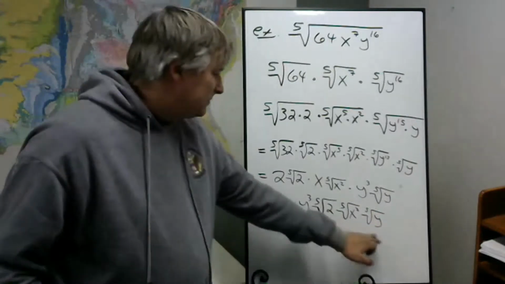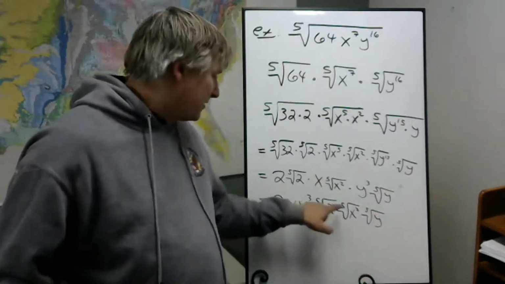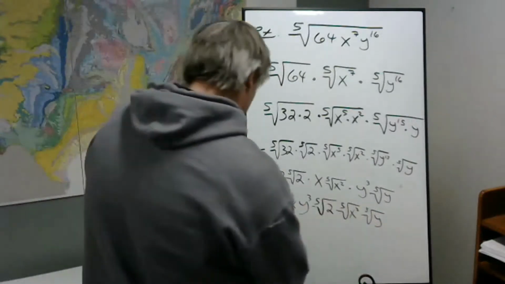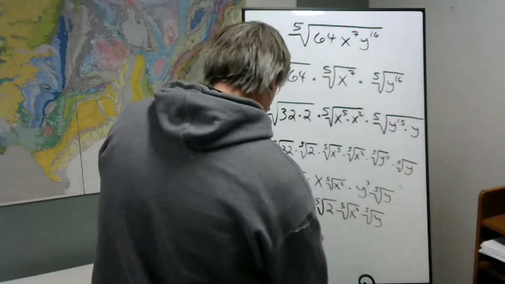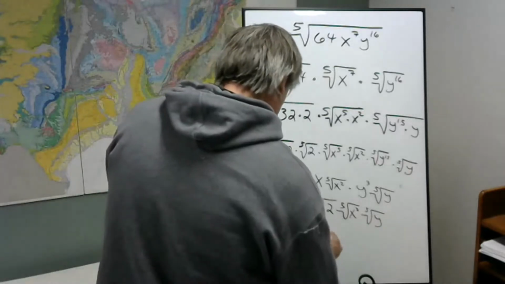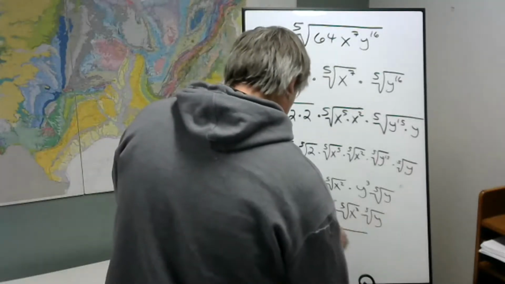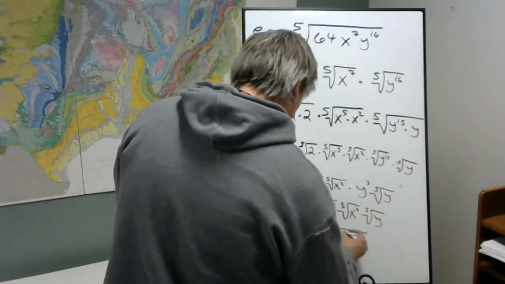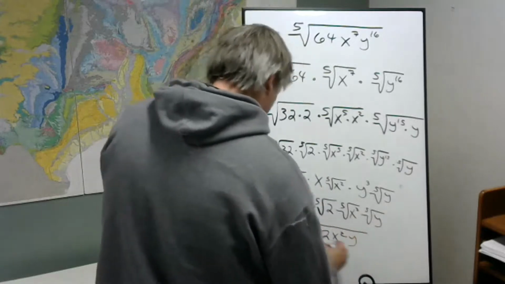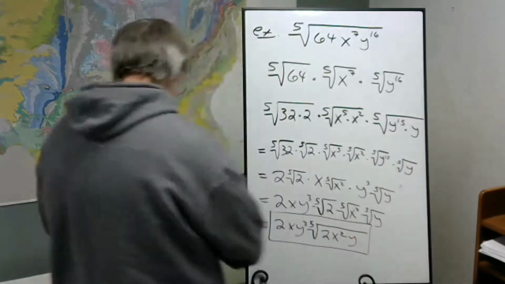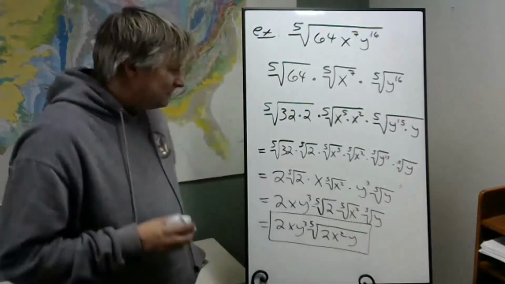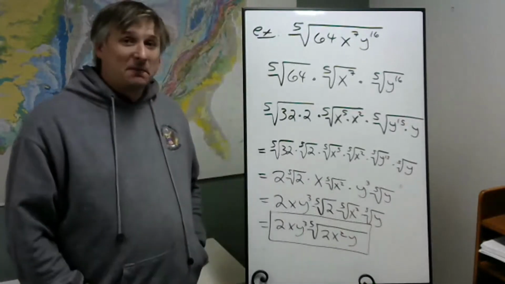And we can combine these into the same root because they are the same root. So we'll get 2xy cubed times the fifth root of 2x squared y. And that would be your answer.